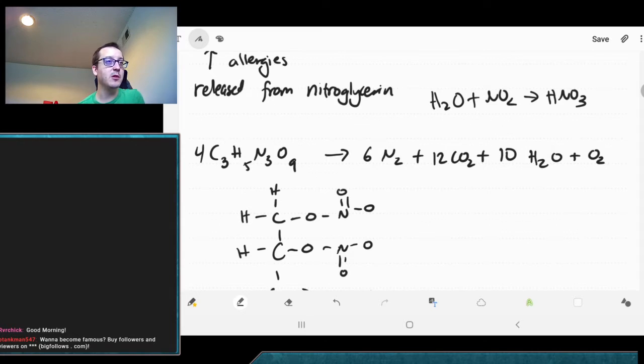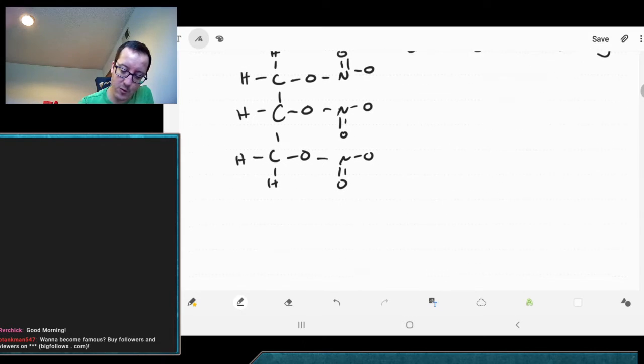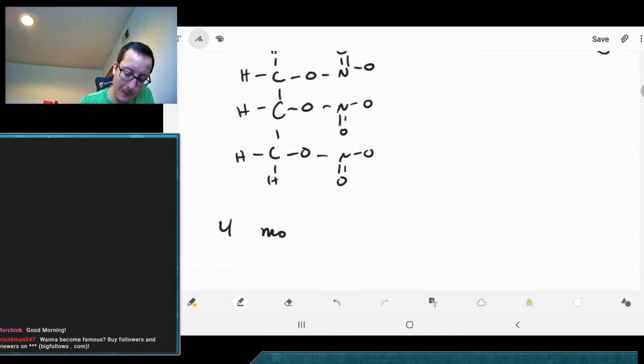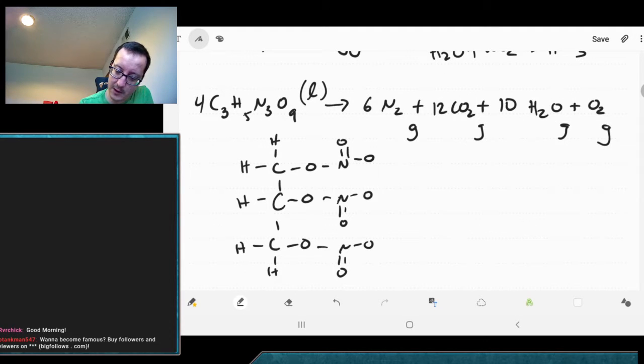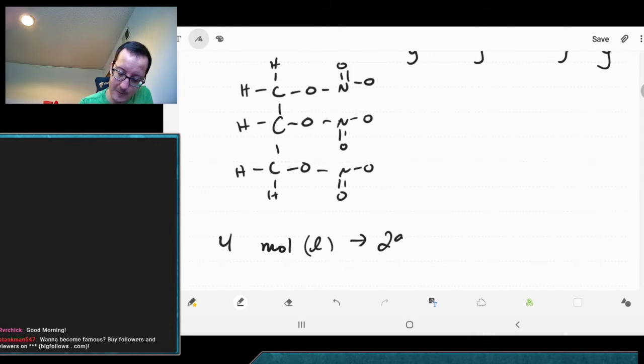So when this explodes, nitroglycerin is typically a liquid. Notice we get 4 moles of liquid to 22, 28, 29 moles of gas.